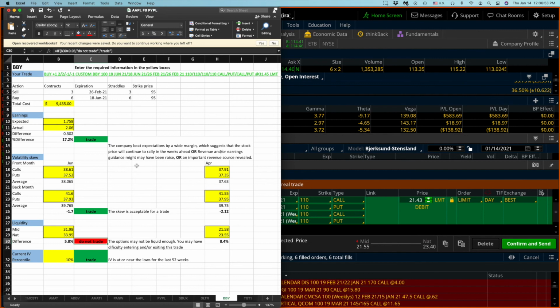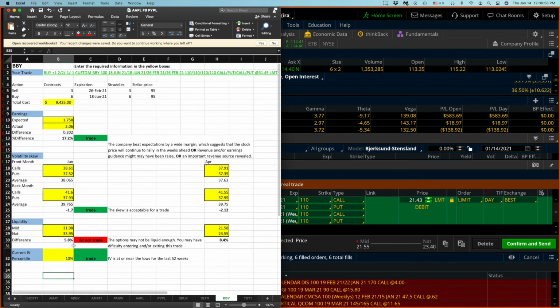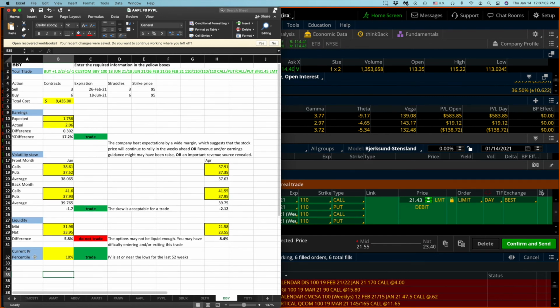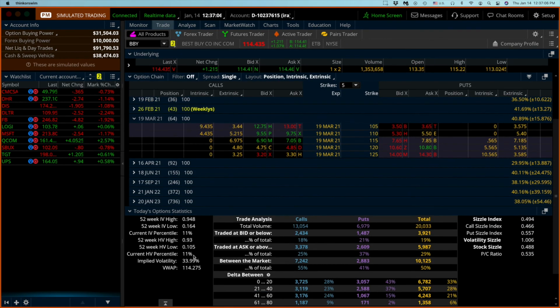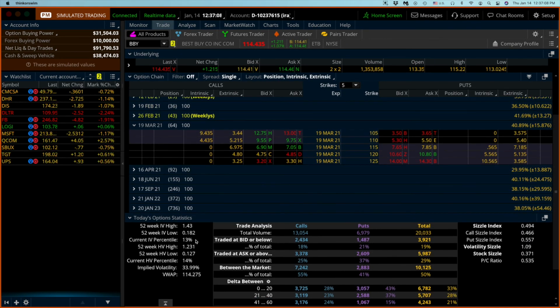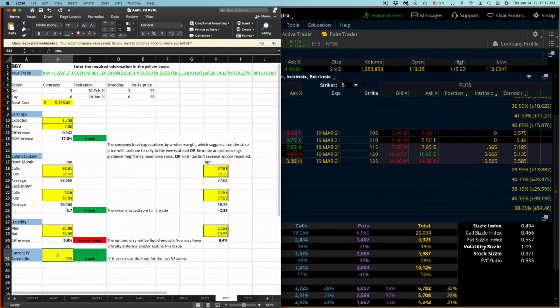It's going to have to be, if I do it at all, it would be the June, simply because the liquidity is better. And let's look at the current IV percentile, and if that meets our goal here, 11%, okay, 13%. 13% is acceptable because it's less than 15%, so we're going to do that Best Buy.